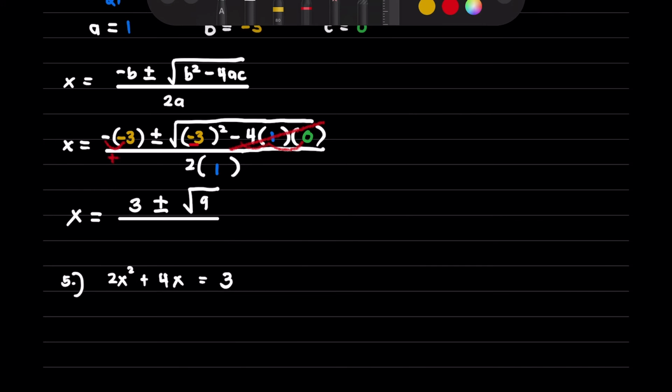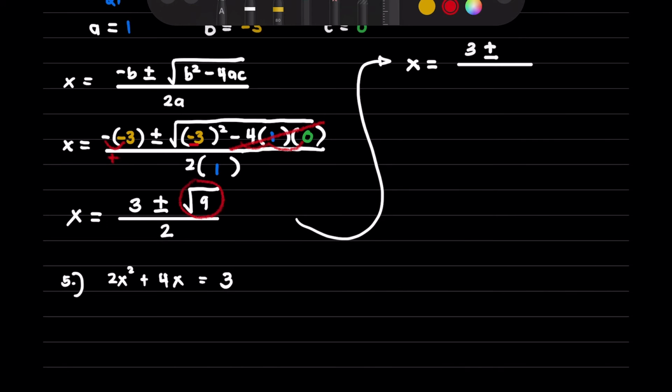So, 2 times 1, that is 2. Okay, next, work out natin yung radicand. X equals 3 plus minus. What is the square root of 9? So, the square root of 9 is 3 all over 2.